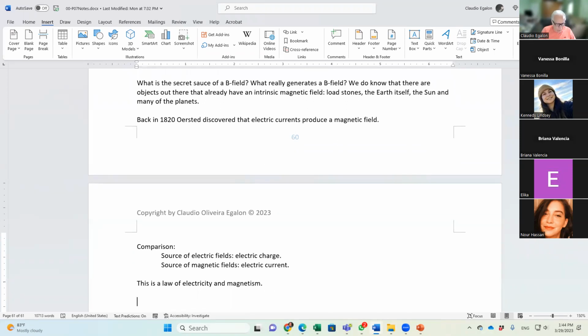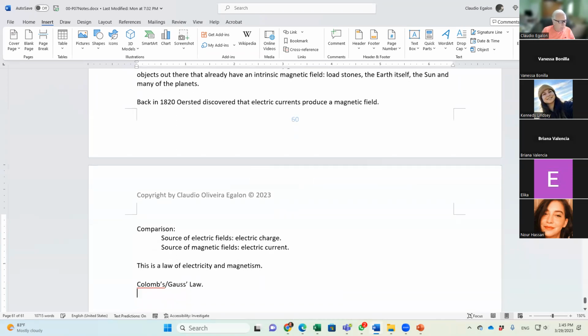Here you go: Coulomb's law, Gauss's law, which is the electric flux. And for magnetic flux, there is no name for this law: magnetic flux equal to 0.